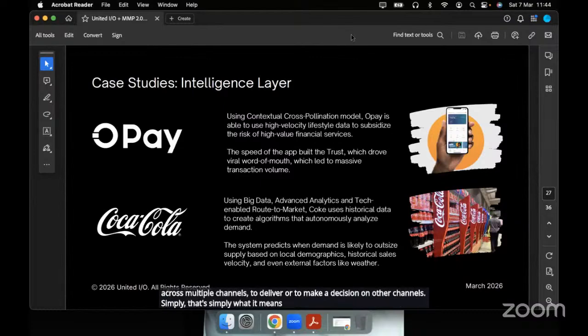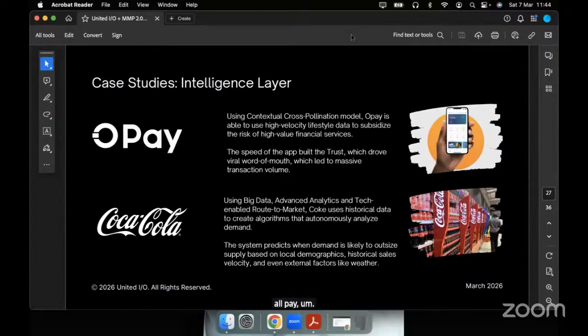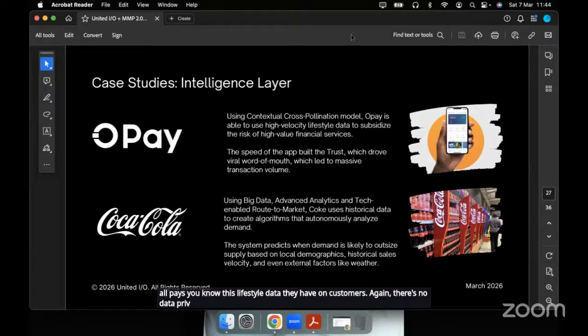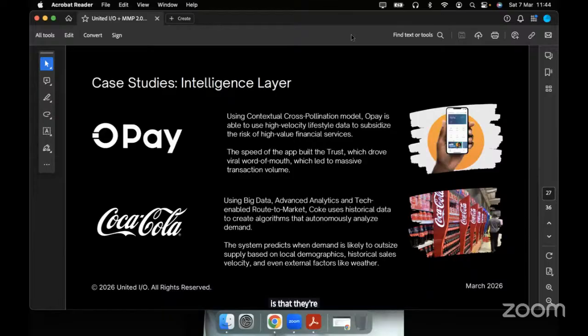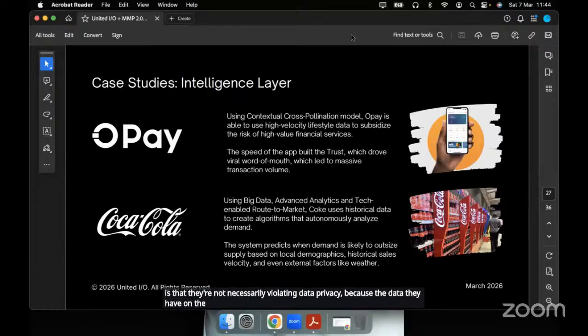In the case of OPay, OPay uses this lifestyle data they have on customers. Again, there's no data privacy issues or violations here in the classic sense. I'm not speaking for OPay, I'm trying to explain this concept. They're not necessarily violating data privacy because the data they have on the customer is anonymized, right? They don't have their name and so on and so forth.